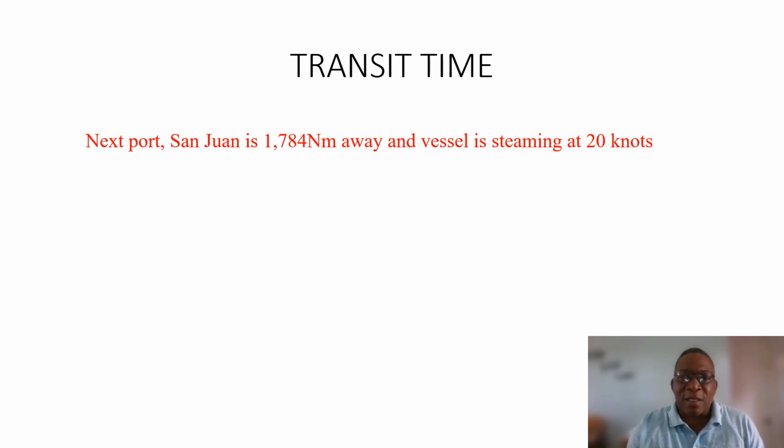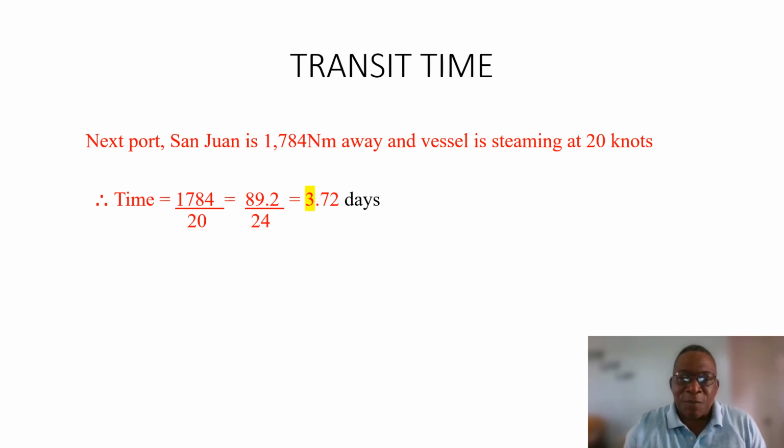And the vessel is going to be steaming at 20 knots. Therefore, time is equal to distance, 1,784 nautical miles, divided by a speed of 20 knots. That gives us 89.2 hours.